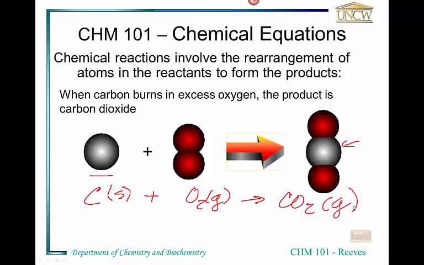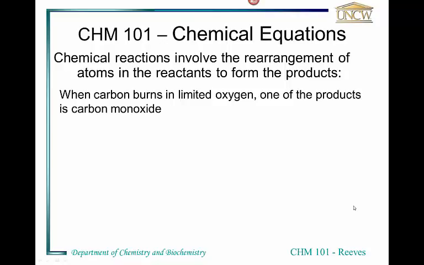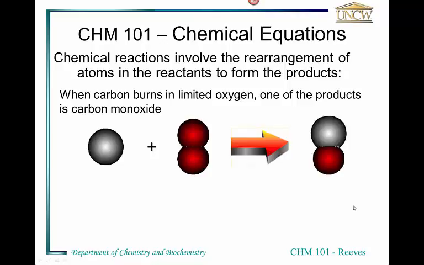Anytime you burn carbon or a carbon-containing compound, one of the products will be carbon dioxide, unless you burn in limited oxygen, in which case you can make another product, a very deadly product, called carbon monoxide. Carbon monoxide forms when there's limited oxygen, and the microscopic picture of how that would work is as follows.